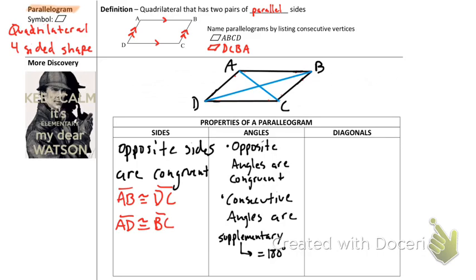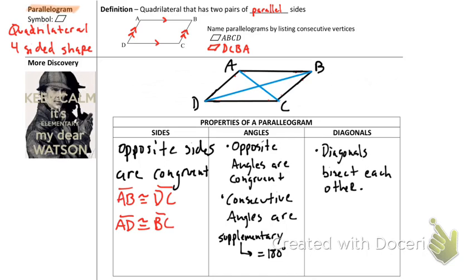What's special about the diagonals is that in a parallelogram, diagonals bisect each other. What that means is these diagonals cross each other and cut each other into two equal parts.